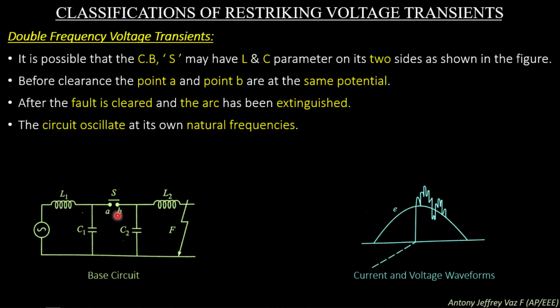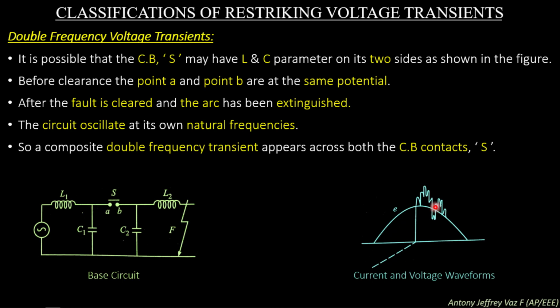L1 C1, that is the inductance L1 and capacitance C1, create this waveform of oscillation, and the second circuit, capacitance C2 and L2, creates the second natural frequency of oscillations. So, a composite double frequency transient appears across both the circuit breaker contacts S.